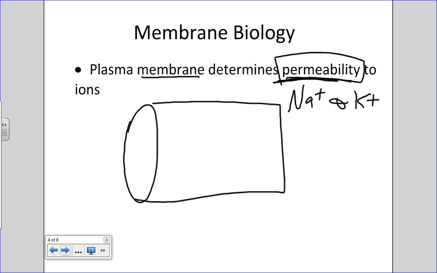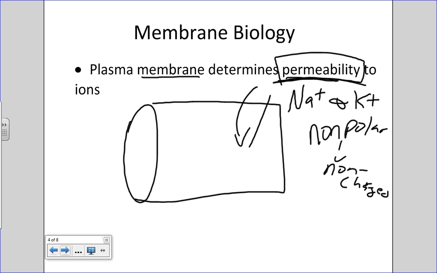Now, permeability. How does a cell create or alter its permeability to certain substances? Remember, it does this by using channels, because anything that is non-polar, meaning non-charged essentially, will pass through the cell membrane, like a steroid hormone or a lipid-based substance.